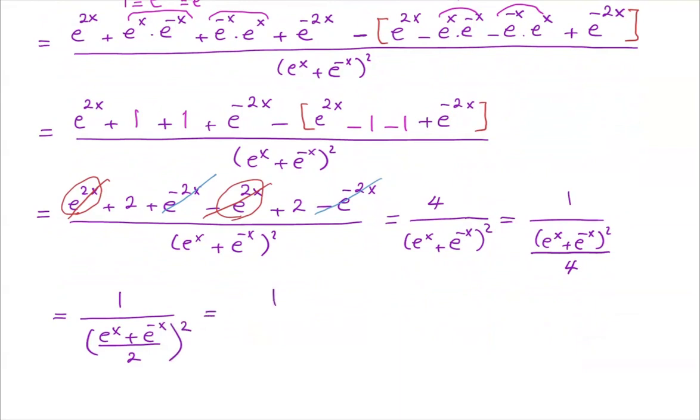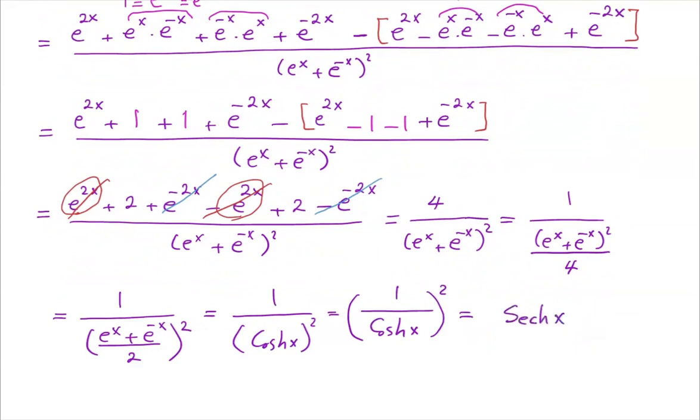It is equal to 1 divided by hyperbolic cosine of x to the second, or 1 over hyperbolic cosine squared. And 1 divided by hyperbolic cosine, as you remember, is hyperbolic secant, so you get hyperbolic secant to the second power of x.